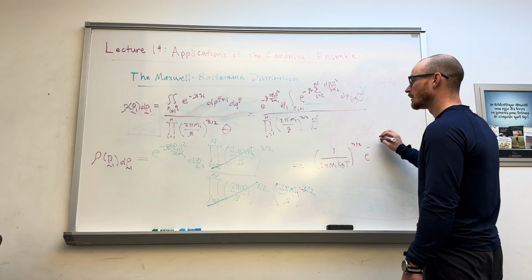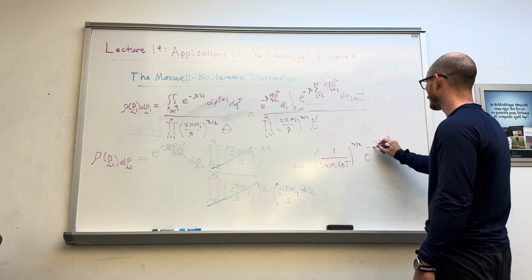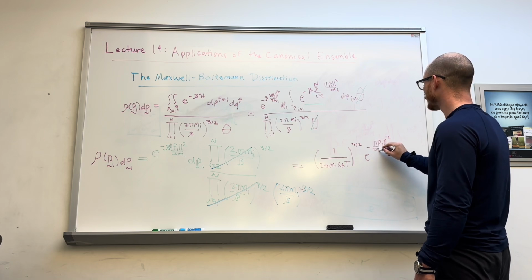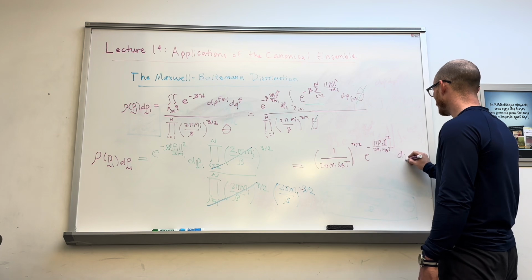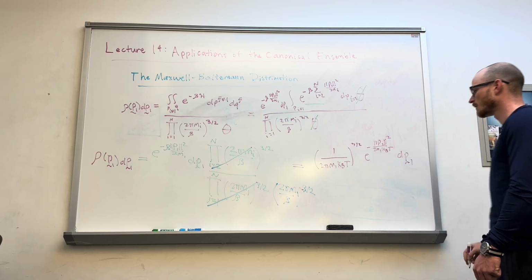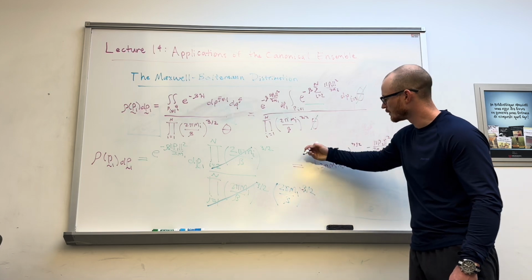So we'll do e to the minus p1 squared over 2 m1 kBT times dp1. So this is your Maxwell-Boltzmann distribution.